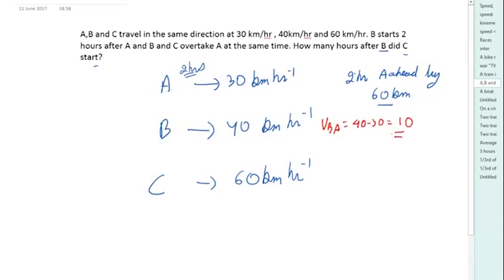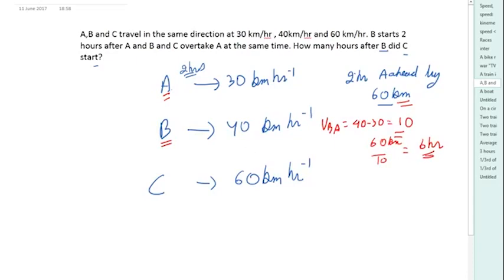So it's covering at 10 km per hour and it needs to cover 60 kilometers. So the time it will take is 60 kilometers by 10, or 6 hours. So in 6 hours, B is able to cover the head start that A had and reach A.